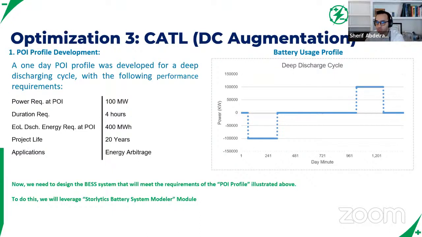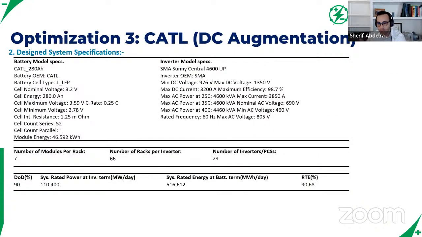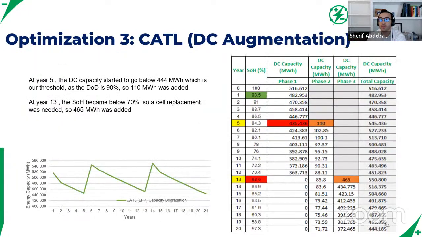But for here, we're just going to assume DC augmentation, since we see a lot of folks assuming that, not really realizing what's entailed there. But here we're just looking at it from an energy standpoint, right? If you put all the risks aside and you're planning a DC augmentation strategy, what do things look like?